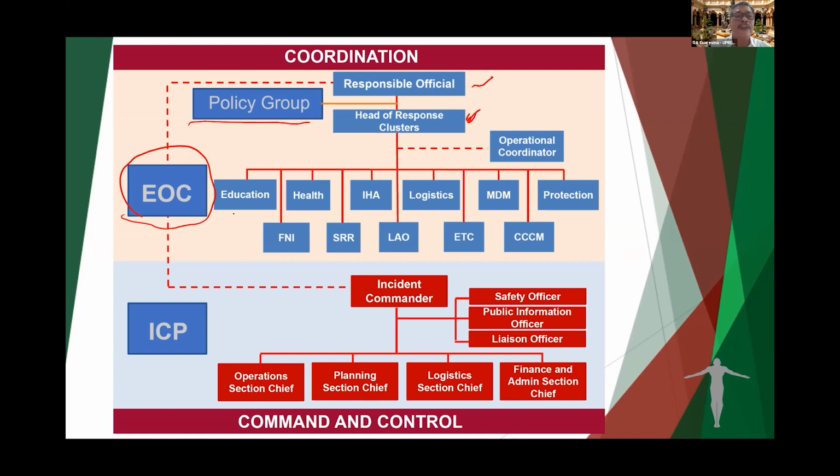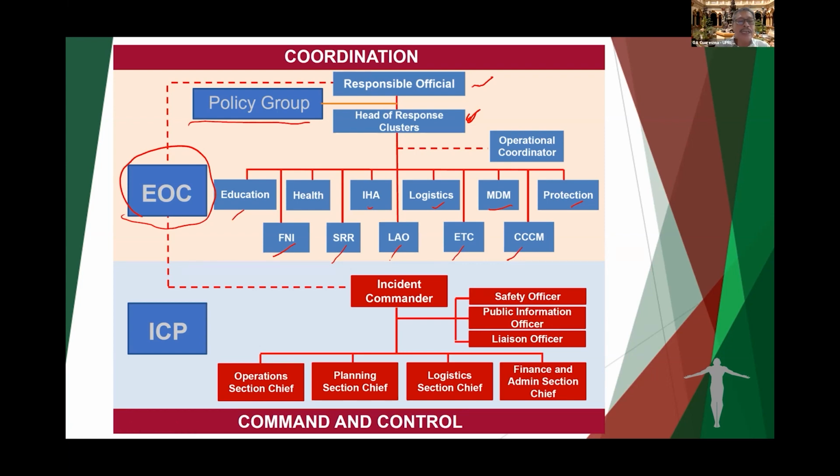So you have the education response cluster, the health, this is actually the water, sanitation, and health group, international humanitarian assistance group, logistics, management of the dead and missing, protection, food and non-food items, search, rescue and retrieval, law and order, emergency telecommunication, and camp coordination and camp management. So that's where they are located at the EOC, or the Emergency Operations Center.